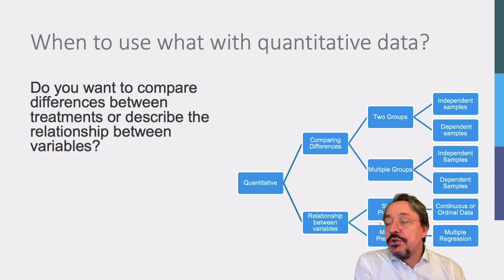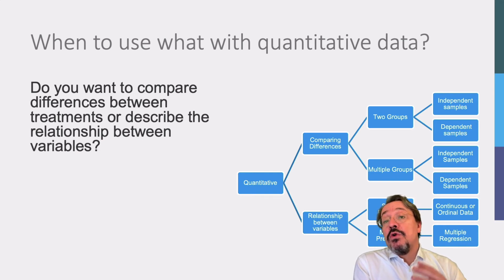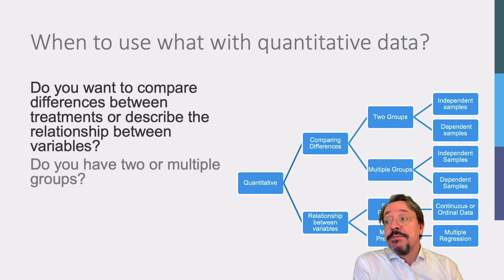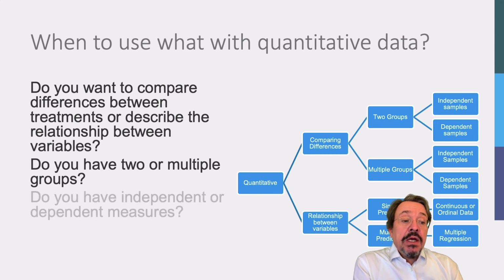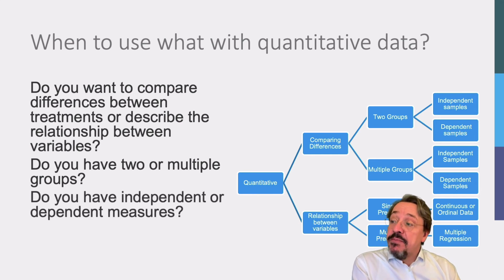So the first question you ask yourself when you start with quantitative data is, do you want to compare differences between treatments or describe relationships between variables? And then, of course, do you have two or multiple variables? And do you have independent or dependent measures in your design?